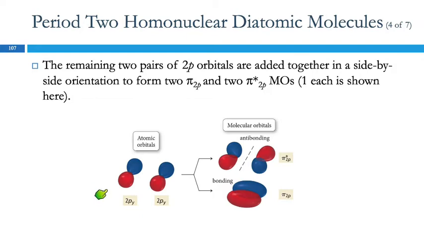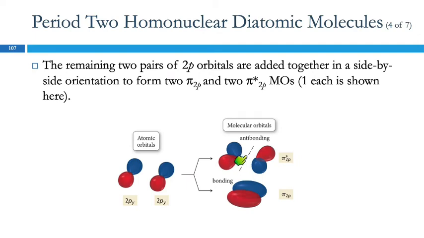So here's py. And so these guys can't overlap end to end, right? So they're going to do the side-to-side thing, kind of like in valence bond theory. And so if we add them together, so the positives and the negatives are on top of each other, we get something like this, where again we've got a lot of electron density between the two nuclei.